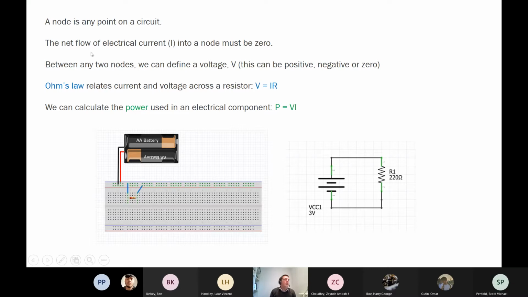The better way to think of all of that is, if there are no branches, the current just flows around the loop. So the current at all points in this circuit is the same, and it's the one we calculated. It's 13.6 milliamps.